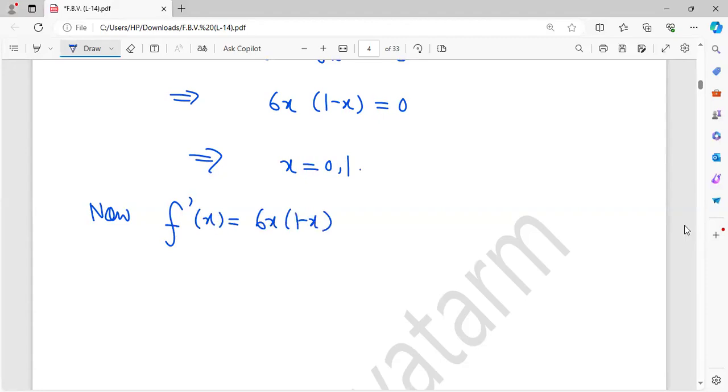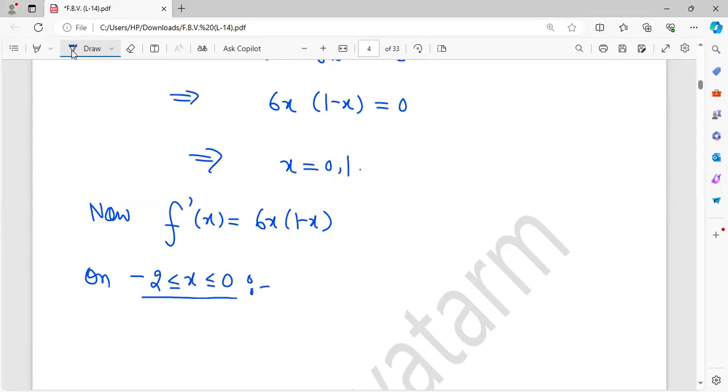So on the interval minus 2 to 0, what do we have?